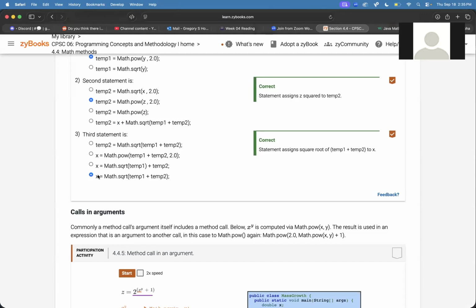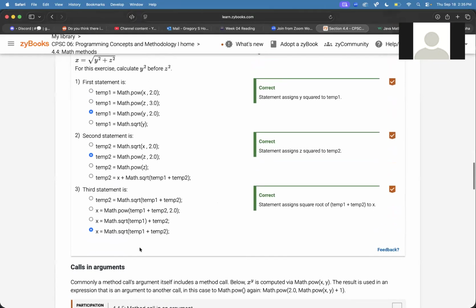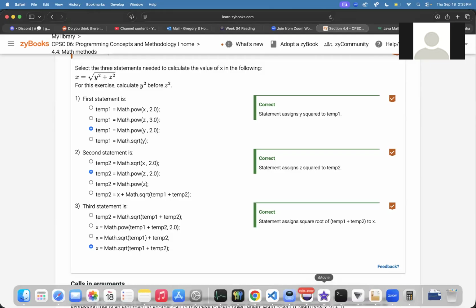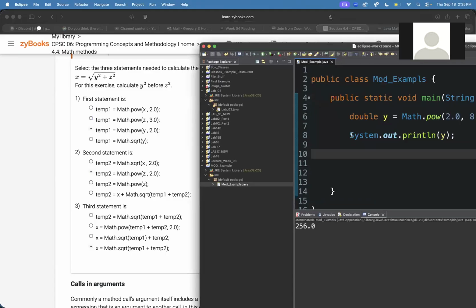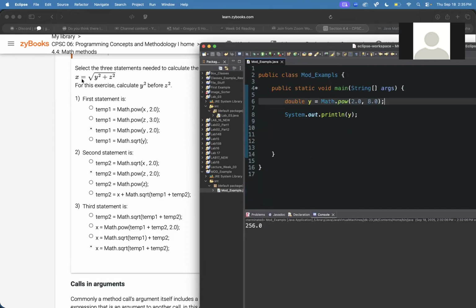Okay? Now, having said that, what they're talking about in the next thing here is that you could do this all in one line. So instead of separating this out into 3 lines like they suggest here, we could rearrange a little bit and actually type this entire thing in one line.